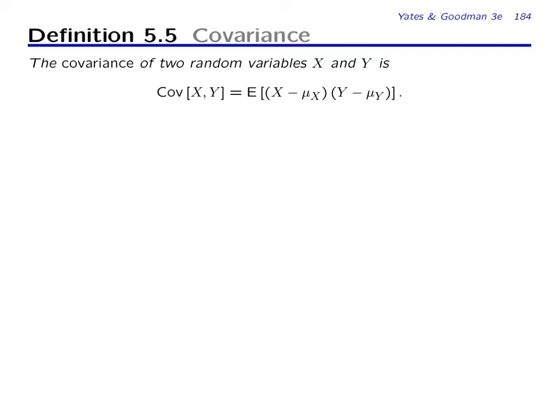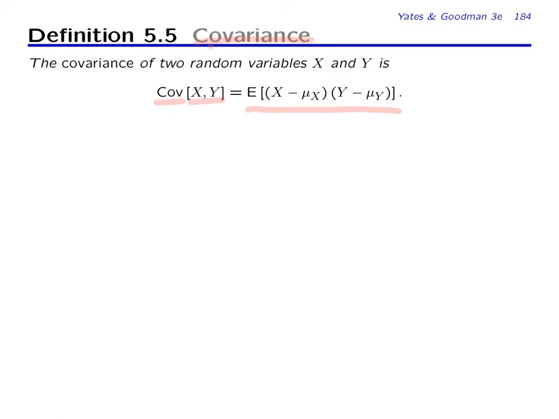It has its own fancy name, and that fancy name is covariance. And we write COV of x and y, and it's the covariance of random variables x and y. And it's exactly this expected value of x minus its mean mu x times y minus its mean mu y.